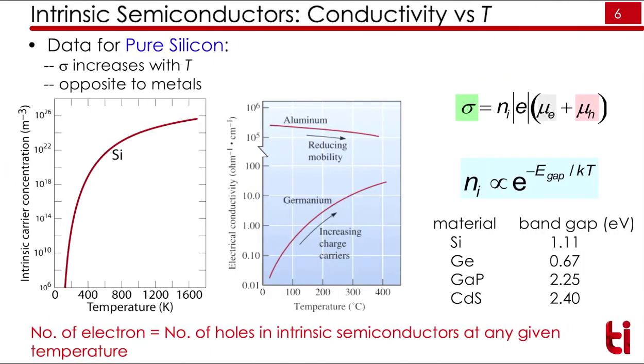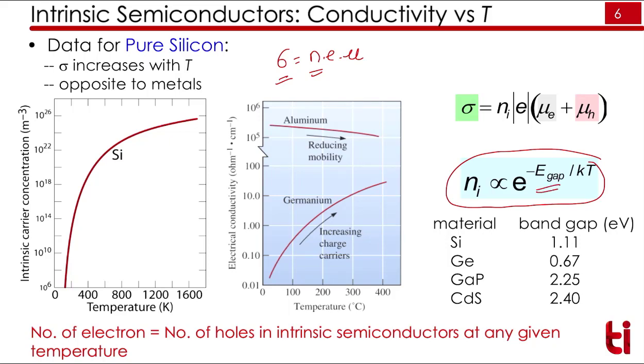Because sigma is equal to N e mu, if you measure the charge carrier concentration or the conductivity of an intrinsic semiconductor, it is the same thing. It will show a proportional trend, because as the temperature increases, the number of charge carriers increases by this equation: Ni is proportional to e raised to the power minus Eg by kT.